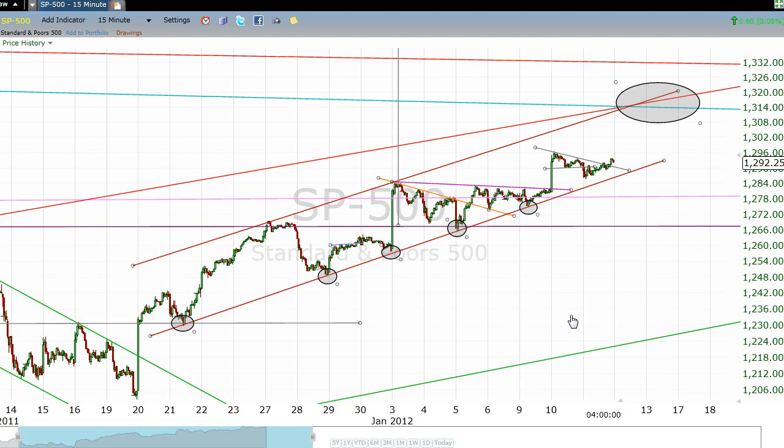But for right now, I'm looking for this line as a sell signal if it breaks. And I'm also looking for this area up in the 1314 to 1320 range. I would expect some resistance there.